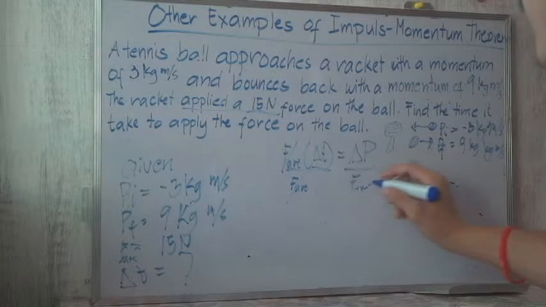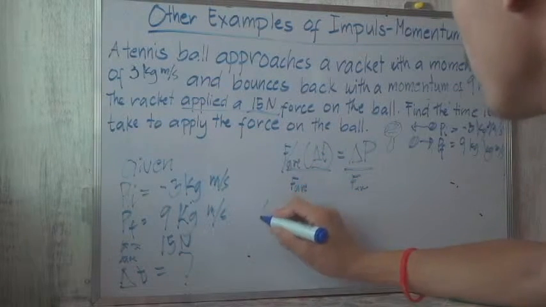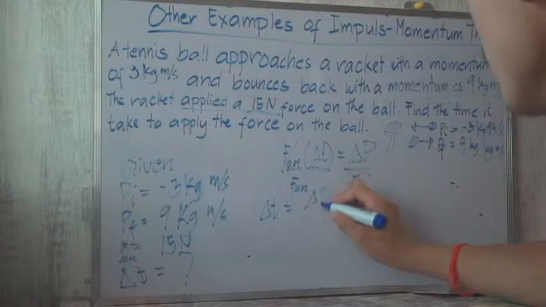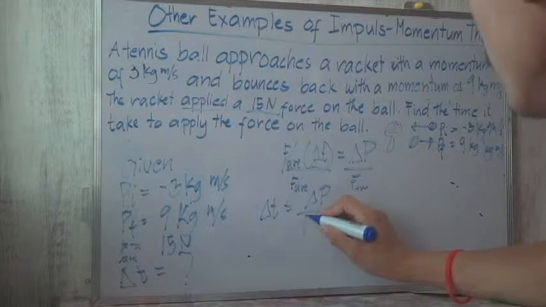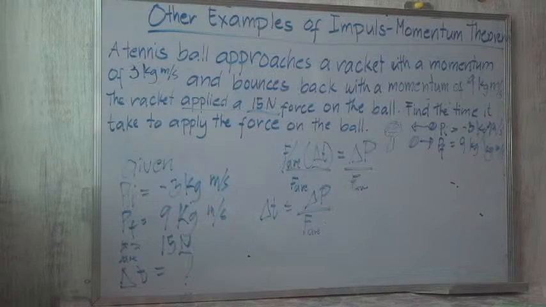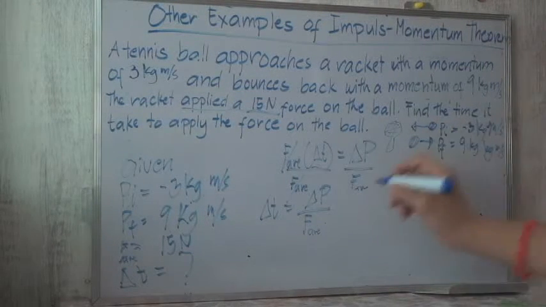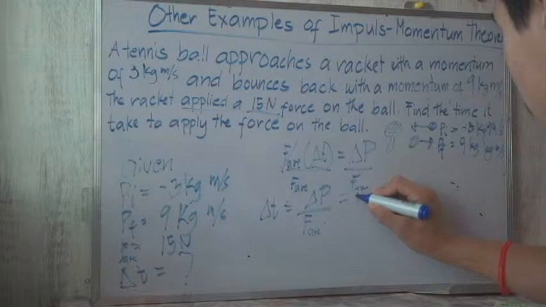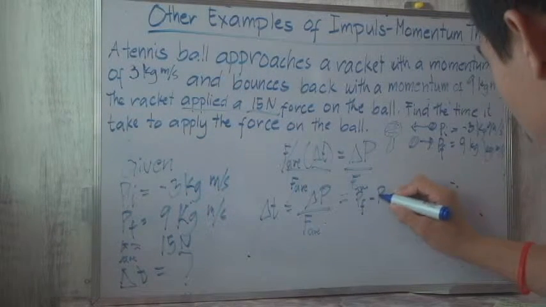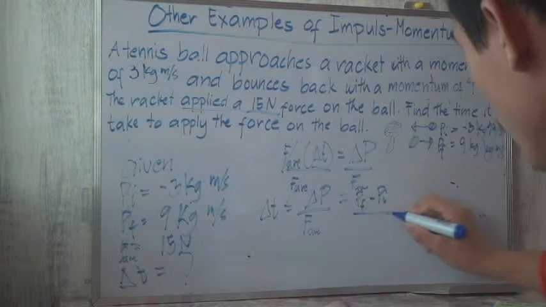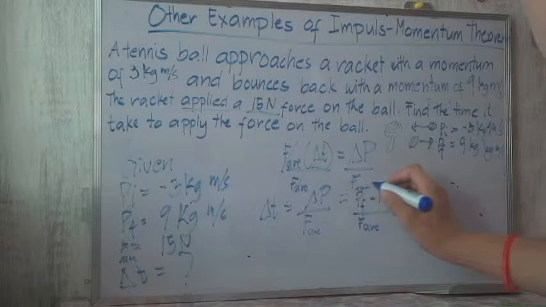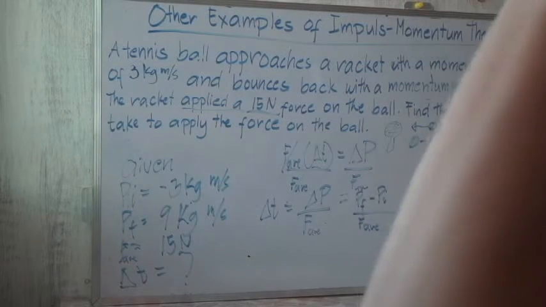Makancel ang force average dire. Atong formula karon is change in time equals the change in momentum over the force average. So atong change in momentum kay equal na siya sa momentum final minus momentum initial over force average. So mao na ni atong formula.